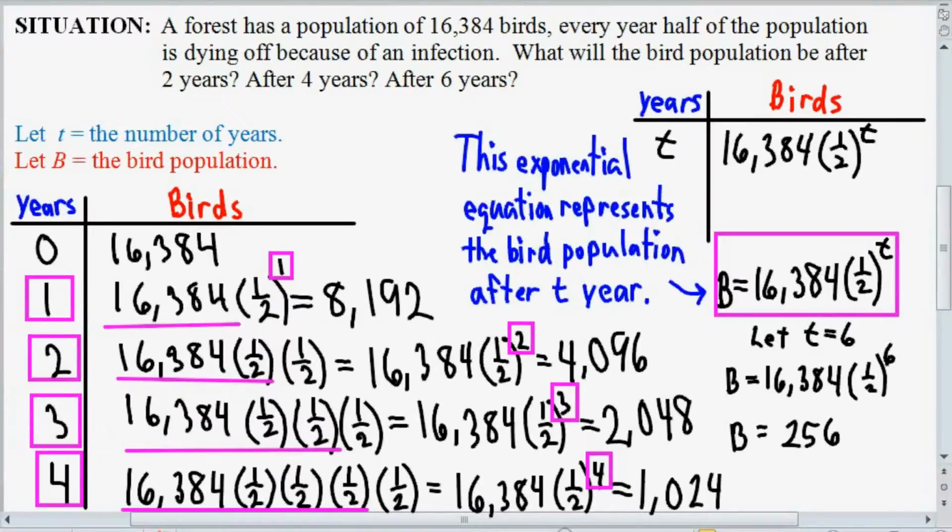So in conclusion, this exponential equation represents the bird population after t years, similar to what we've done in the past with the population of germs and the population of squirrels, and the population of birds that we have done today. What we need to take away from this lesson is that we continue to see a pattern where the initial population is being multiplied by a specific number that keeps repeating over a course of time. In this case, we were looking at years.